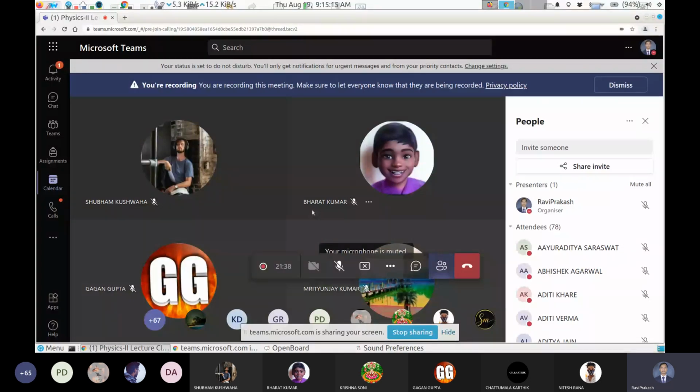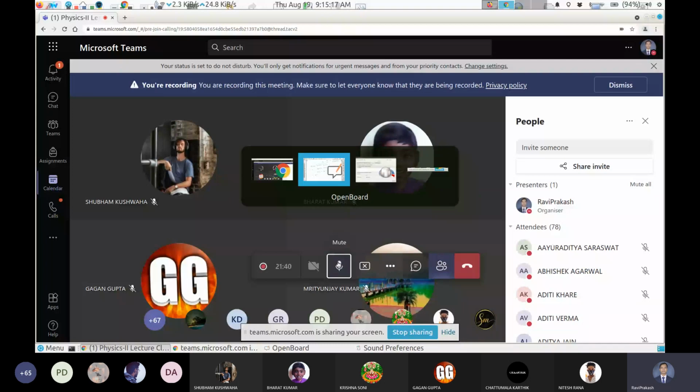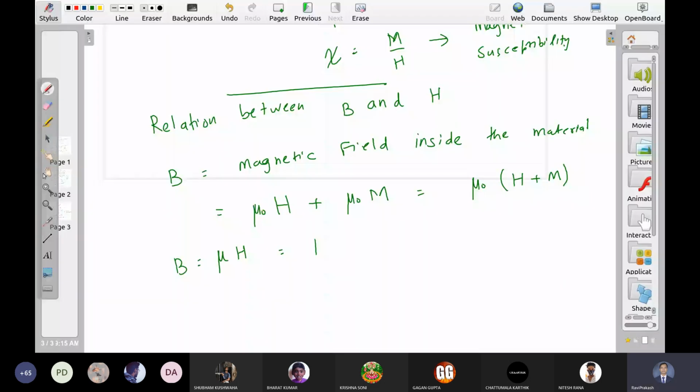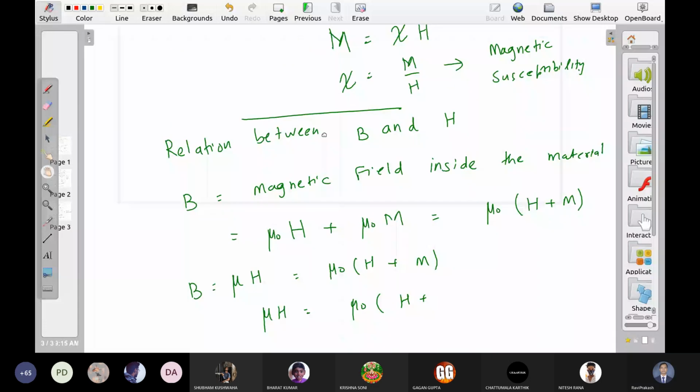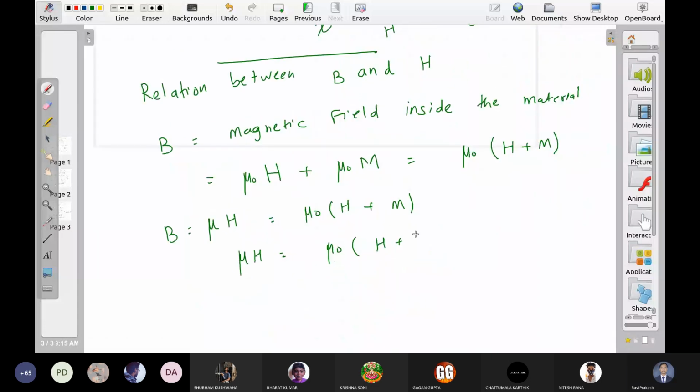Okay. So this is mu naught (H plus M). Can we find any connection between all these quantities? Yes. Mu H is equal to mu naught H plus M, and M is equal to chi H, right? Or mu naught (1 plus chi) H. H cancels.